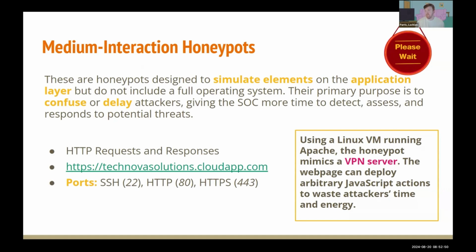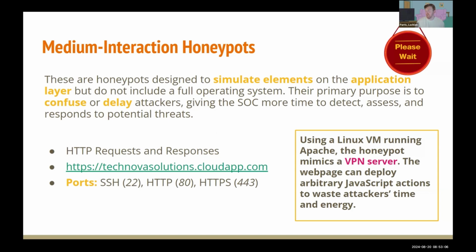For this VM, because it's meant to be deliberately vulnerable, we opened up SSH, HTTP, and HTTPS. I did have to secure an SSL certificate for the HTTPS, so I'm really glad I got that.